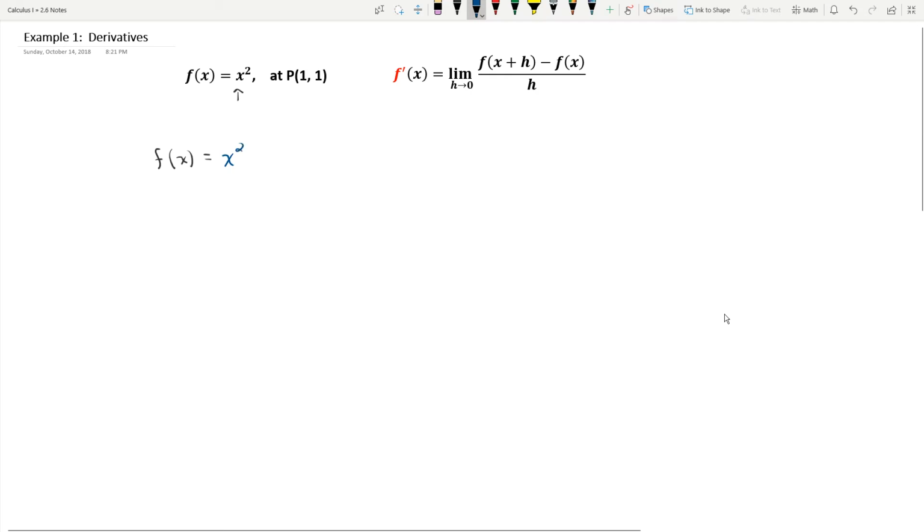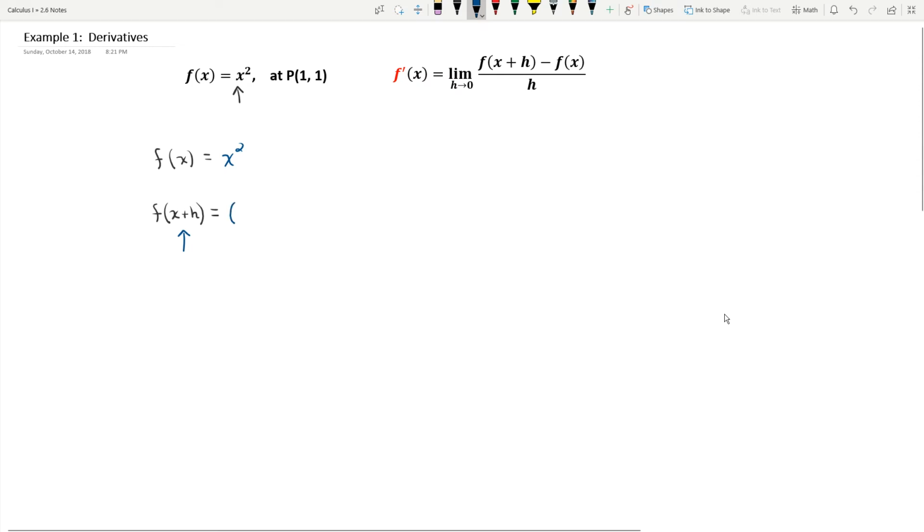Next, we're going to have f of x plus h. Well, what does that equal? In the function f of x, we have 1x, and it is squared. So what we're going to do is insert this entire thing wherever x is represented in the original function. In this case, there's just one.